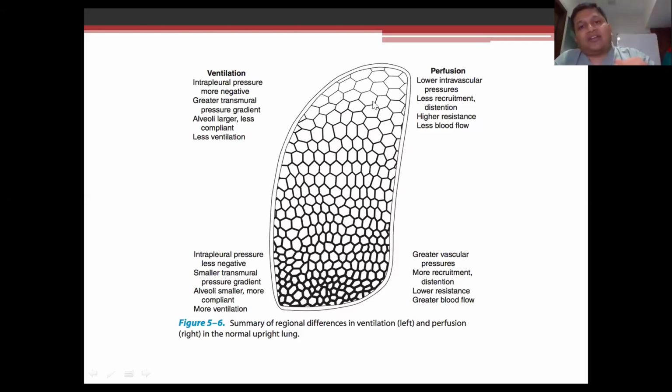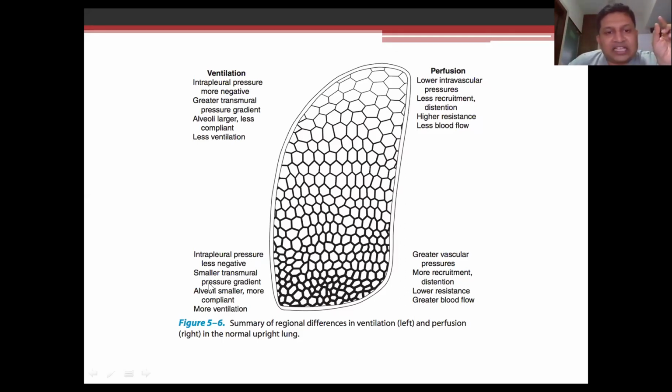Also due to gravity, and we will go into this in a later part, the blood supply is also less, because all the blood will come into the basal part. So here the ventilation is less and the perfusion is also less. But as we come gradually down to the lower part of the lung, there is less negative intrapleural pressure because the lung is resting.